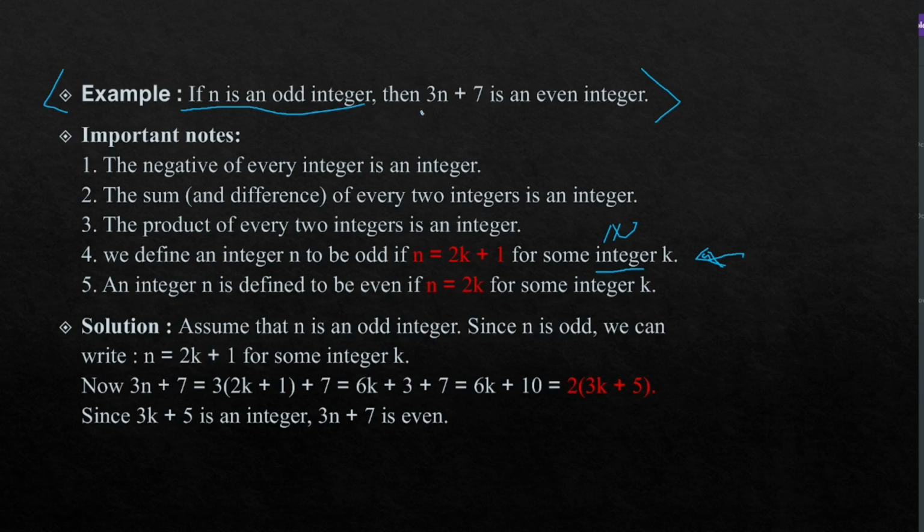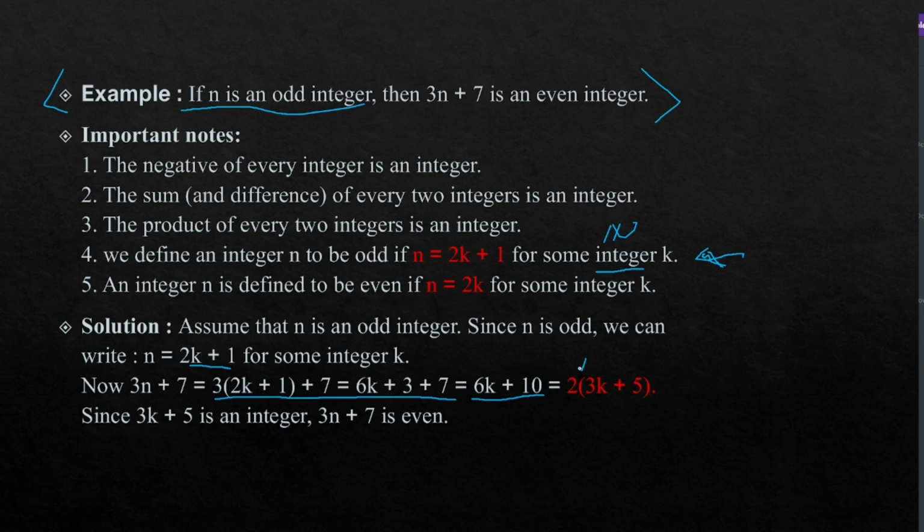Now what we do is we take the second part of the implication, 3n plus 7, and use the information we have previously ascertained or assumed for n, and change the n to be representative of this. So instead of n, we're using 2k plus 1, and then we're just using simple algebra, and we get to the result of 6k plus 10, which is both of these participants are divisible by 2.